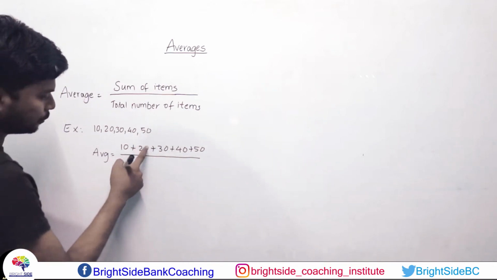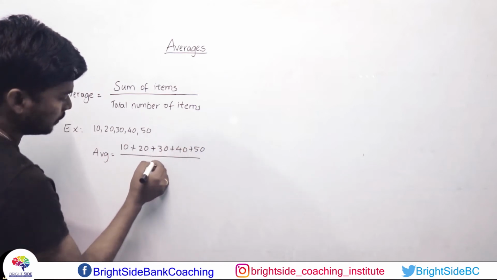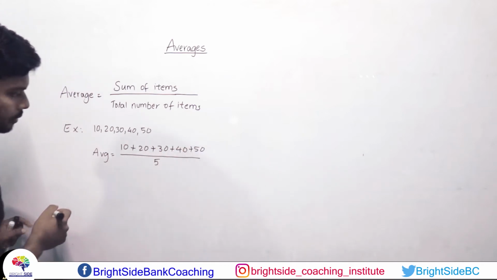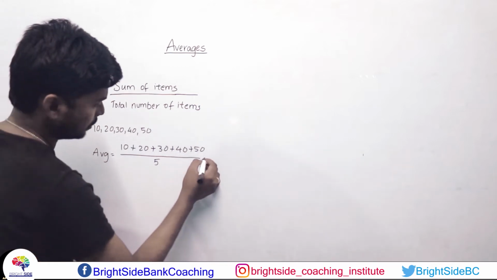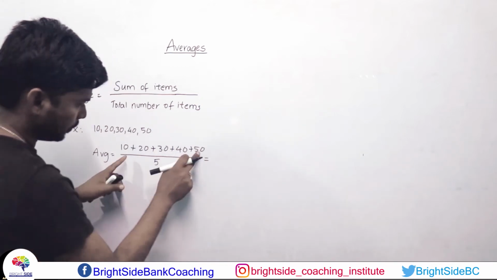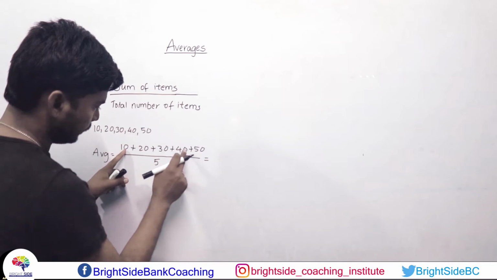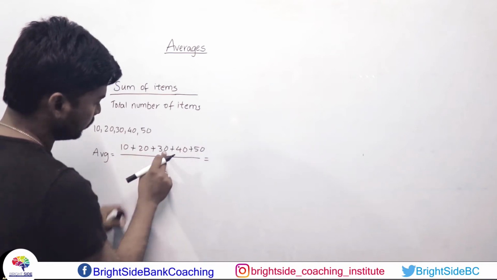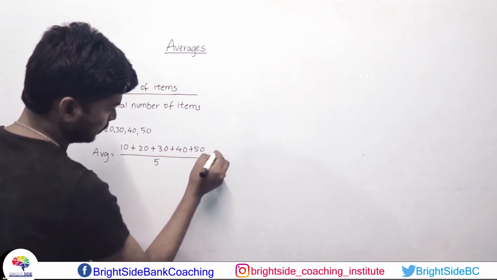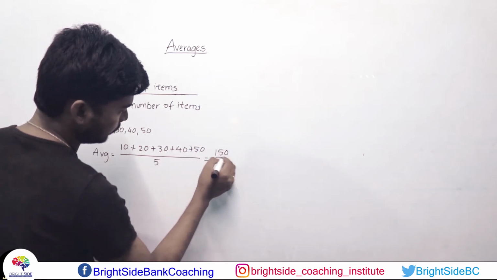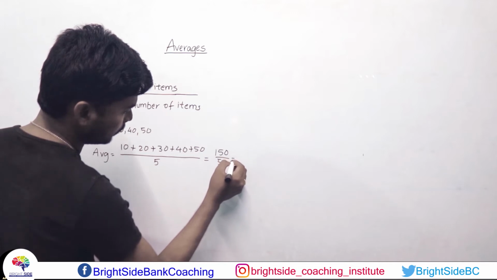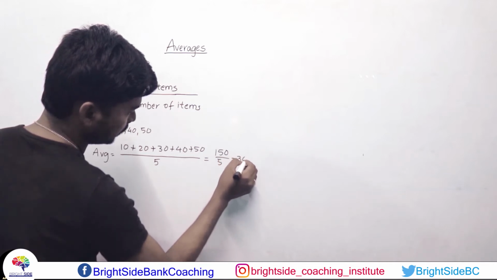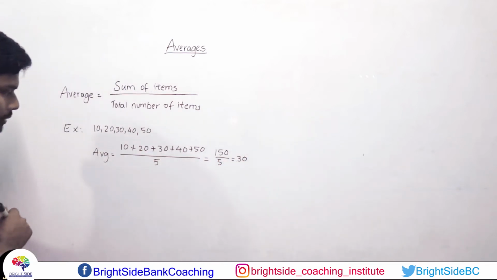So 1, 2, 3, 4, 5. 5 is the total number of items. Okay, so this will be your average. So 50 plus 10, 60, 40 plus 20, 60, that is 120 totally. 120 plus 30, 150. 150 by 5 will be 30. 30 is the average.